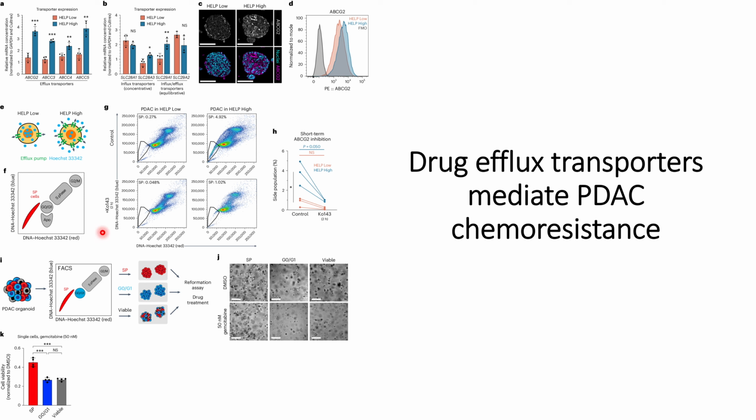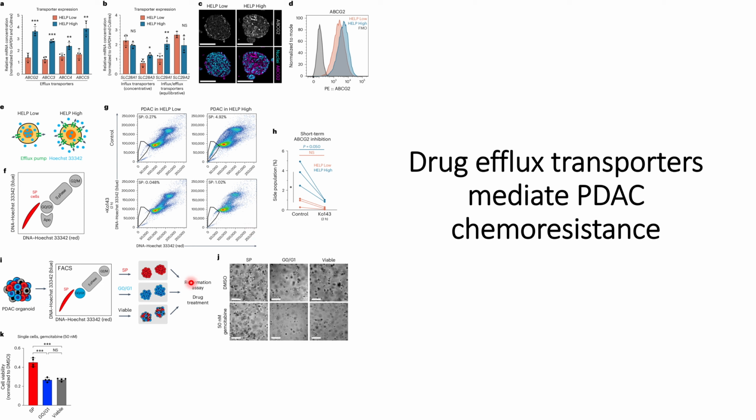When they knocked down ABCG2, the side population decreased in both HELP low and HELP high, indicating that the results are mainly due to ABCG2. The quantitative analysis of the flow cytometry results is shown in panel H, where the side population goes down whenever they use the inhibitor for ABCG2, indicating that the side population results from high expression of the ABCG2 drug efflux transporter.